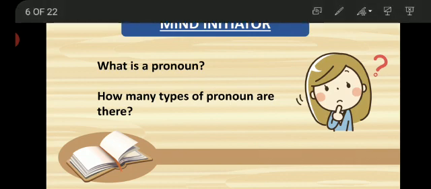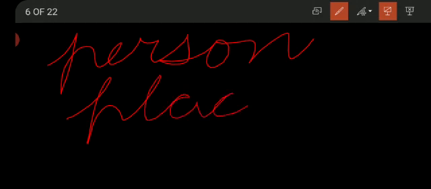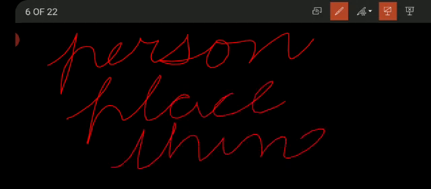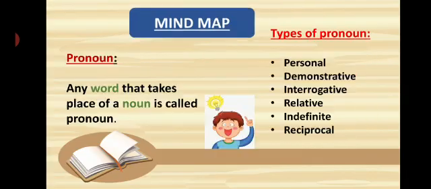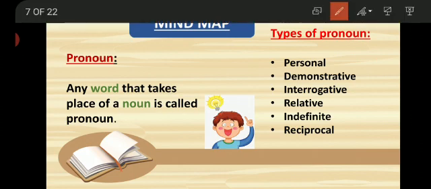First of all students, let's recall the definition of noun. A noun is the name of a person, place, or thing. And a pronoun is any word that takes the place of a noun.